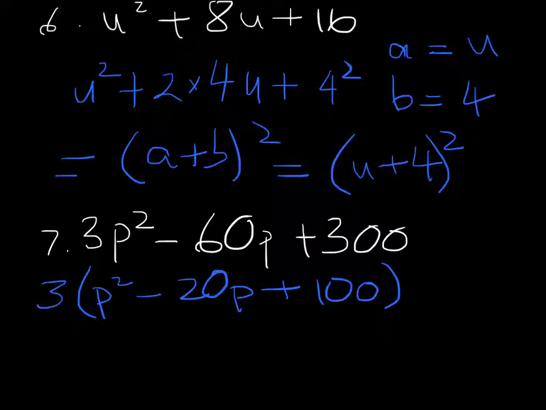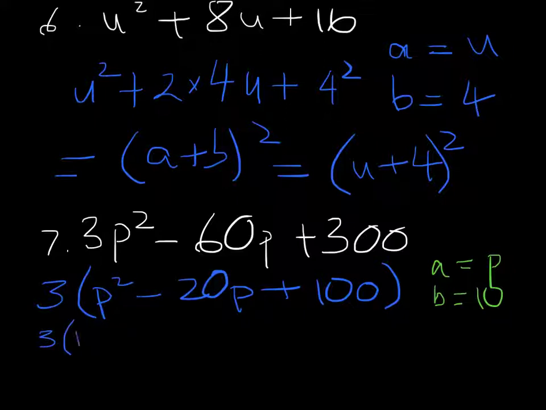Now I'm going to see, well, once again, we're going for exactly what we've just done. Is this term in here in the middle, is that 2 lots of the square root of this times the square root of this? So the square root of p, which is our a variable, well, that's just p. The square root of 100 is 10. Is 20 2 times p times 10? Well, yes, it is. So let's rewrite it out nicely like that.